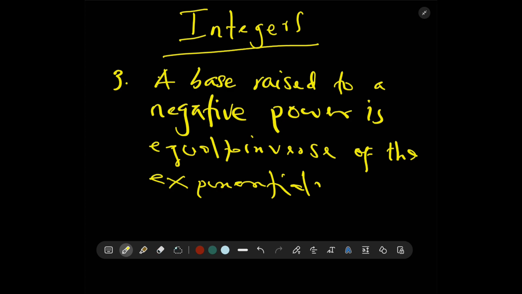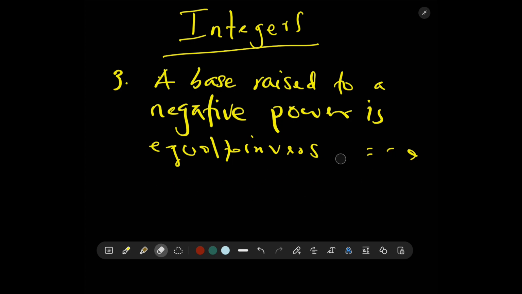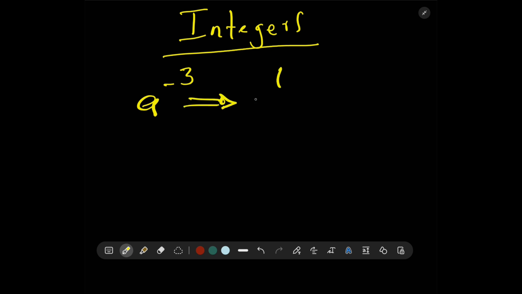Okay, what that means, for example, is that if you have a raised to the power minus 3, then this is going to be equal to 1 over a raised to the power 3, the inverse of itself.